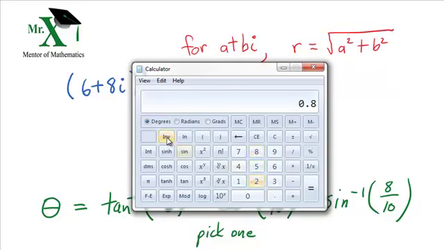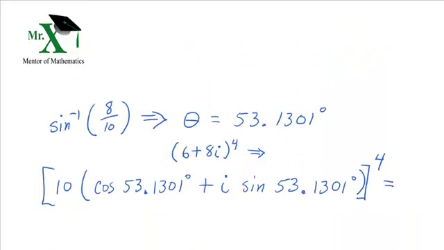Let's do the inverse sine of 0.8, and we'll carry it to 4 decimal places: 53.1301 degrees. So we can now write this complex number raised to the fourth power as 10 times cosine 53 and some change plus i sine 53 and some change, that whole thing raised to the fourth power.